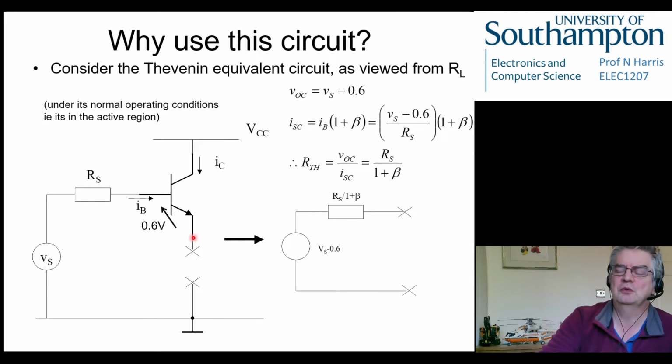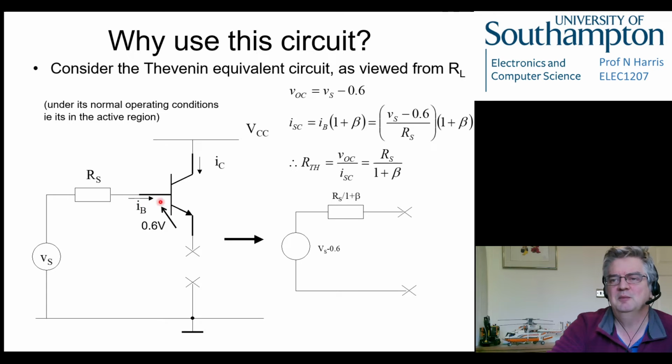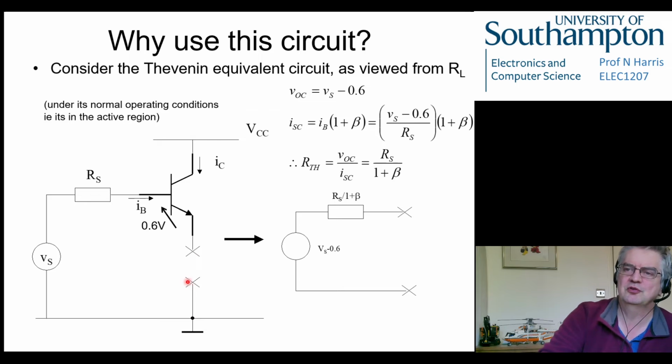You know, you'd struggle to actually measure this. And then the short circuit current, if you short circuited that and said what's the current going through it, it's going to be IB and (1 plus beta) IB from the current source in here. So we've got (1 plus beta) IB flowing through here as a short circuit current if we made this resistor to be 0. Okay, so that's what we got.